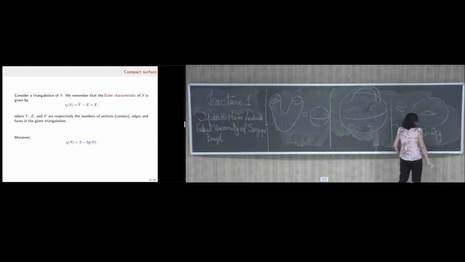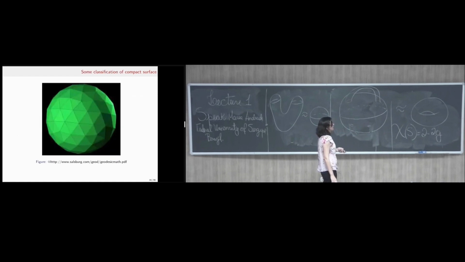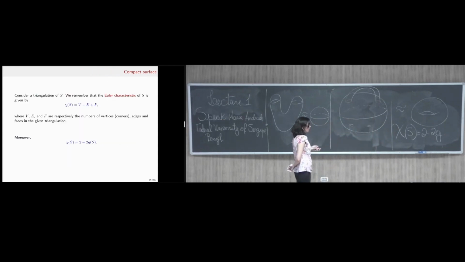Why is this important for us? This is important for us because this expression is a topological invariant. Okay? What does it mean? It means that, one minute, if you have here this situation, and put, for example, another triangle, if it is a triangulation, you can calculate this expression and it doesn't change, okay?